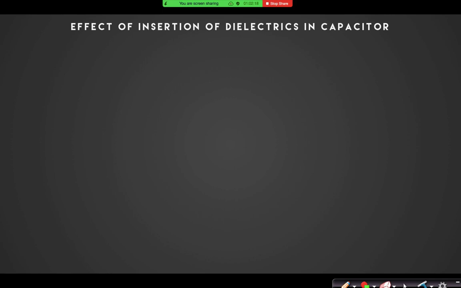Now if I just change that dielectric constant of the surrounding so that it can withstand a higher breakdown voltage, then definitely you can store more charge in that capacitor. So definitely if I insert dielectric in a capacitor, it is going to increase the capacitance. How? We will analyze mathematically also.